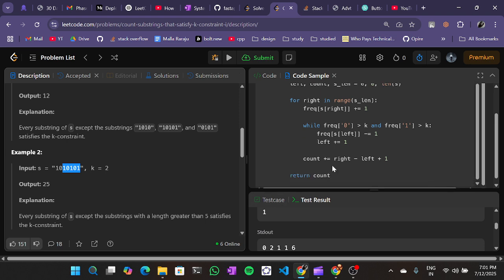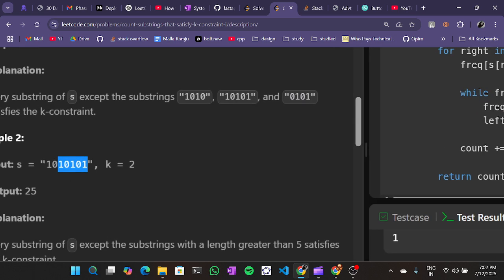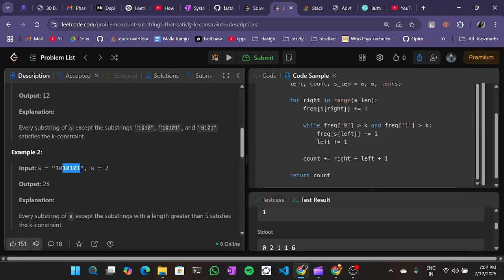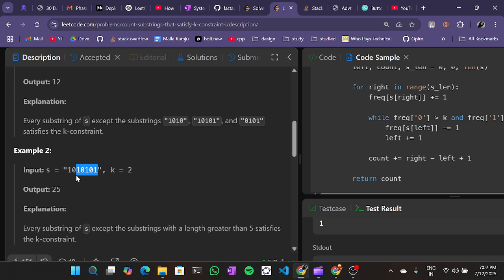For adding the count, he is taking right minus left plus 1. If he is considering this whole subarray as valid, then every subarray that will generate from this subarray is also valid. So how many subarrays will it give? That is right minus left plus 1, which means in this case, indices 0 1 2 3 4 5 6.